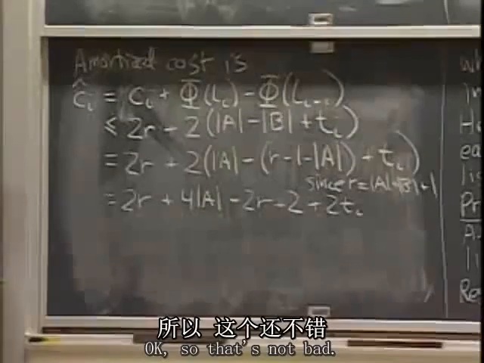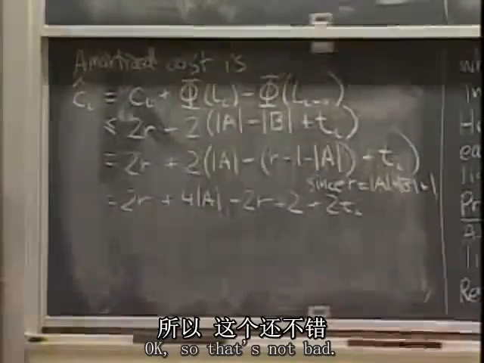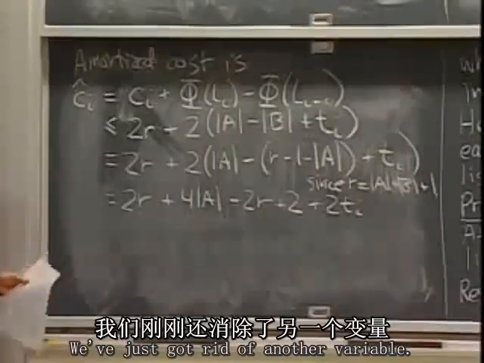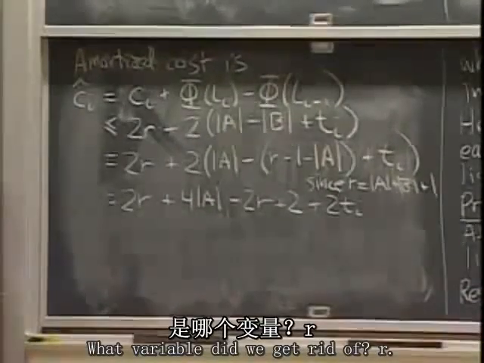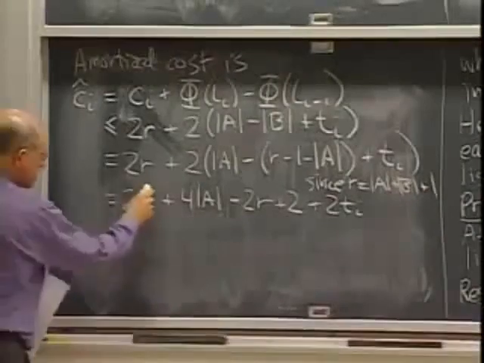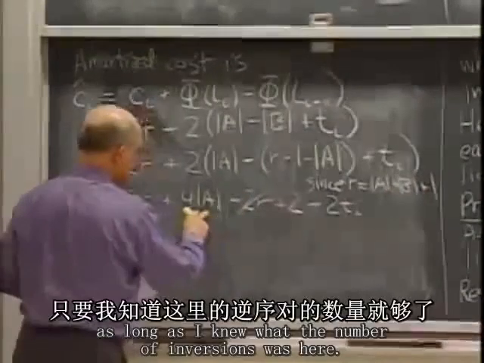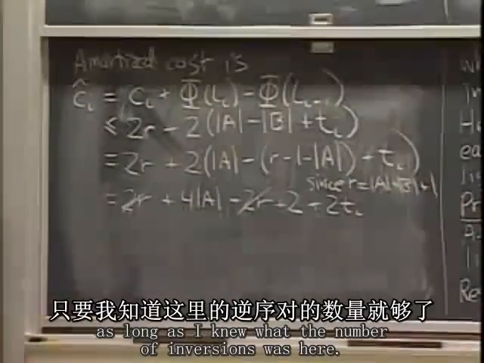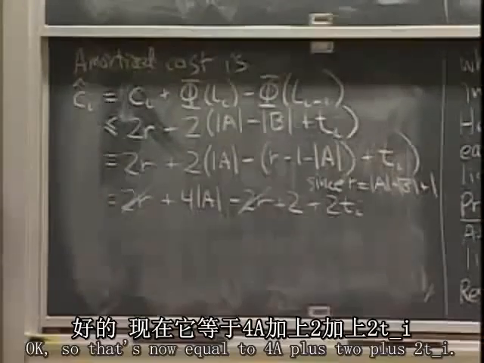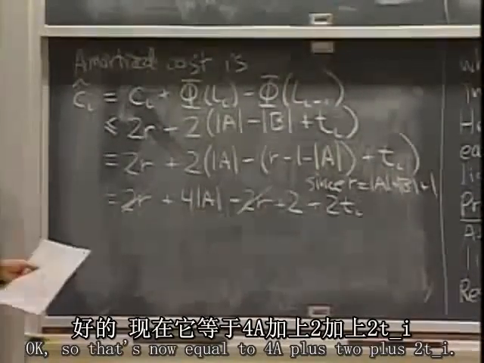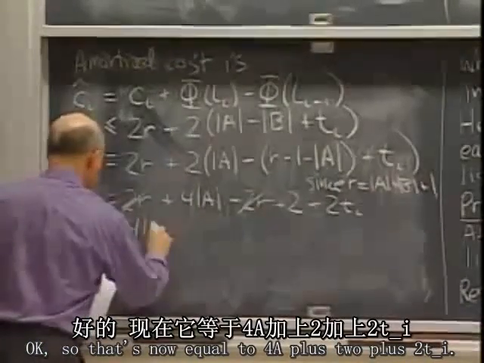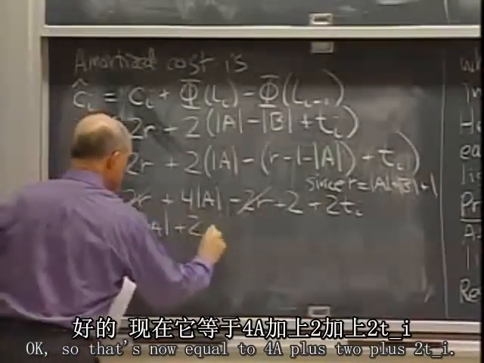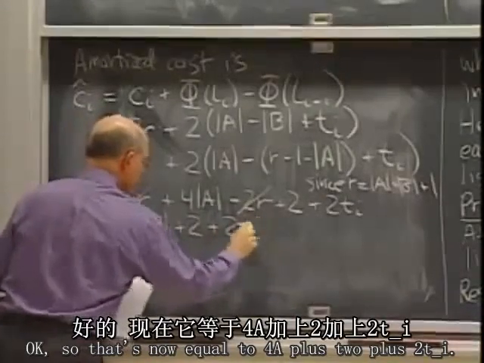So that's not bad. We've just gotten rid of another variable. What variable did we get rid of? r. It didn't matter what the rank was as long as I knew what the number of inversions was here. So that's now equal to 4a plus 2 plus 2 t sub i.